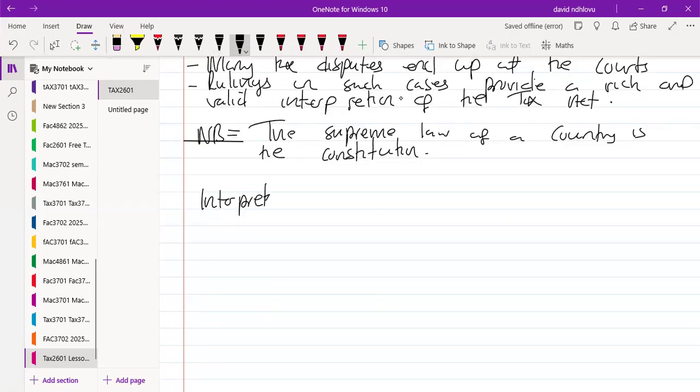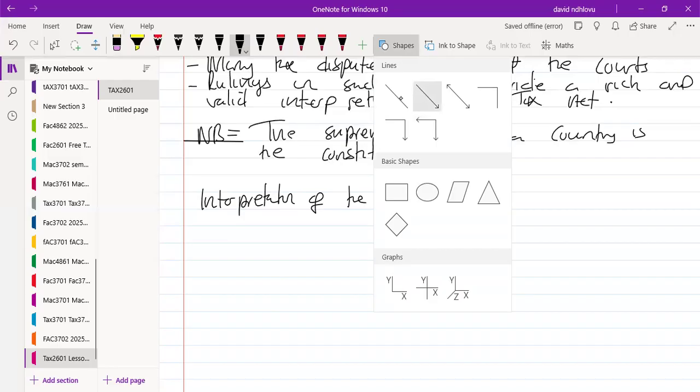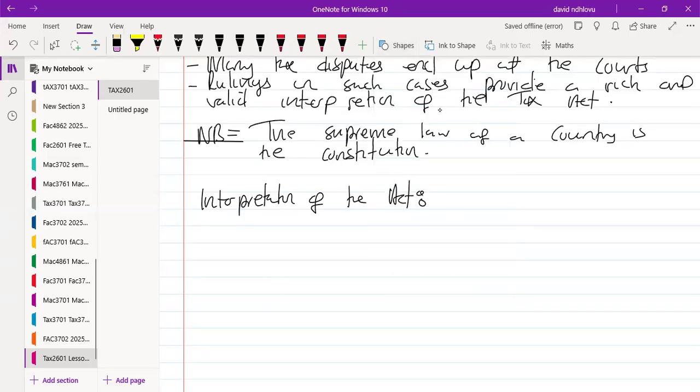Interpretation of the Act. Remember, the Act is a creature of the Parliament of South Africa. Then it is given to SARS to administer. Usually, if you have seen the Act, certain pages, when you open and read them, can't make sense.